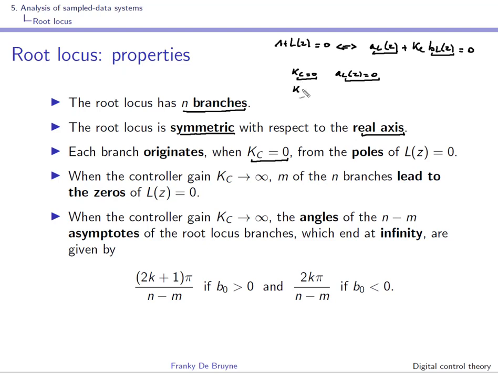So when Kc tends to infinity, this will be equivalent to solving B_L(z) is equal to 0. So you can see that m of the n branches will lead to the zeros of L(z), so to the zeros of this polynomial B_L.